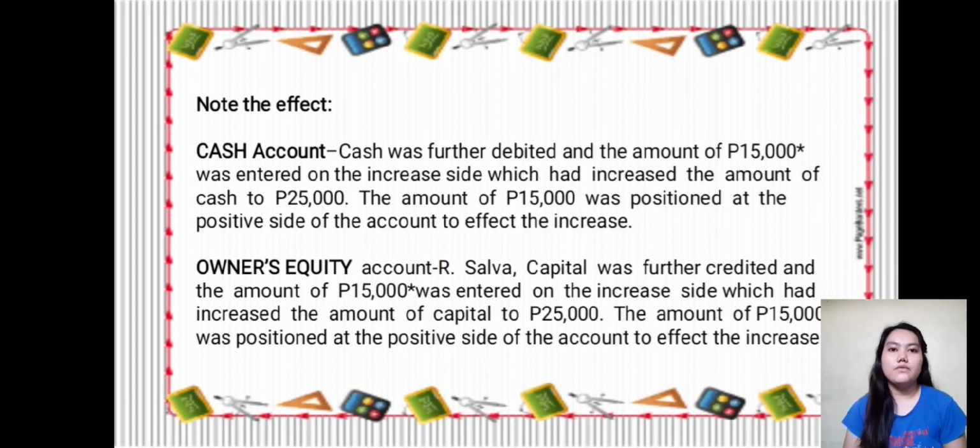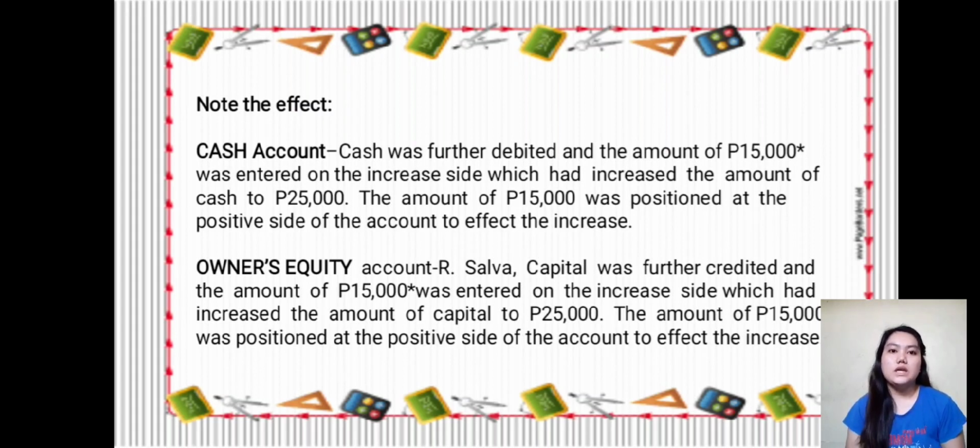The note effect is that the cash account was further debited and the amount of 15,000 was entered on the increase side, which increased the balance to 25,000. The amount of 15,000 was positioned at the positive side of the account to effect the increase.